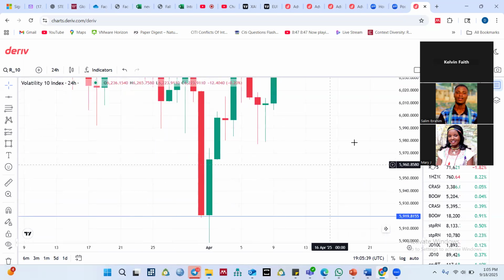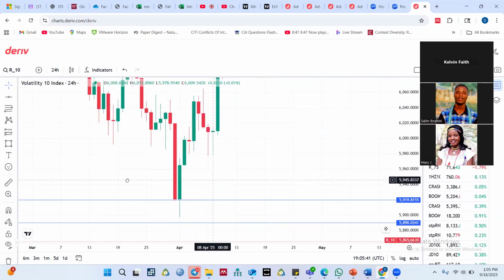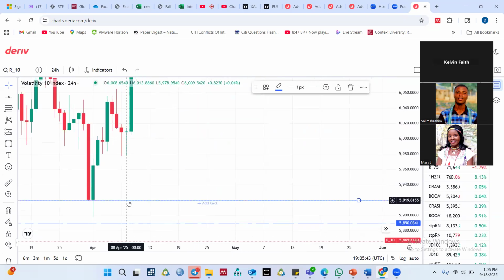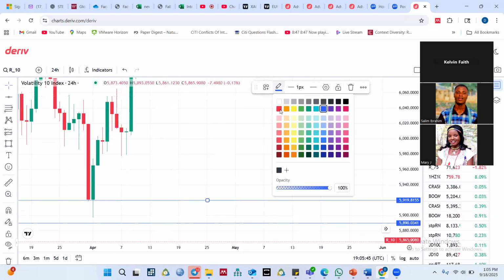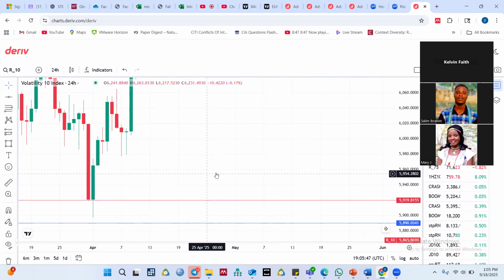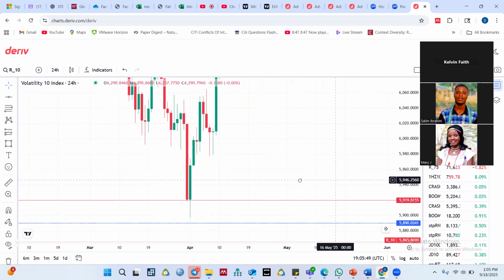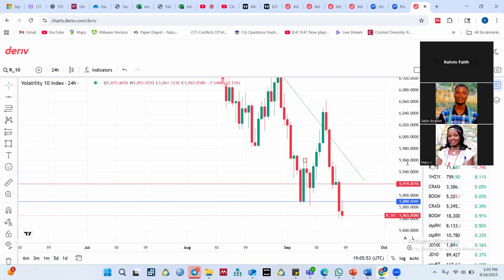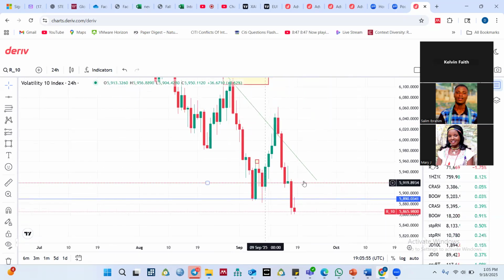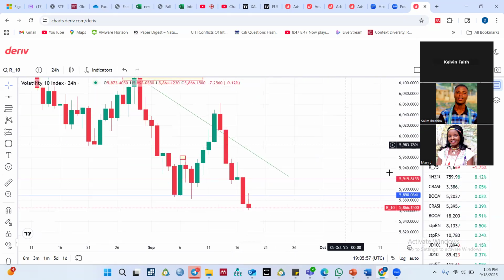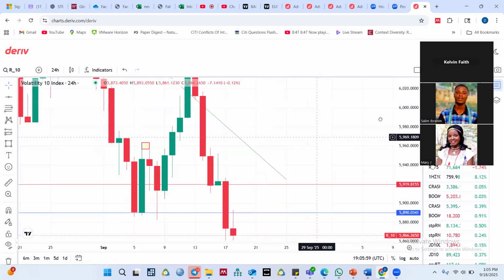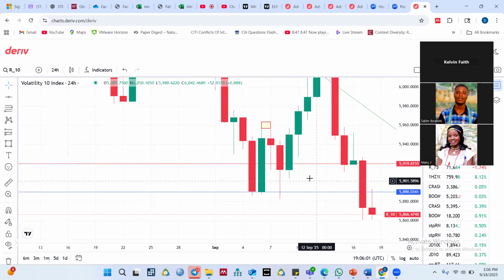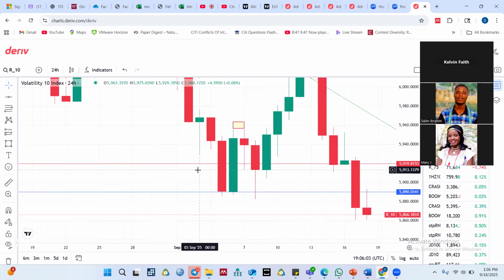So I want to track this. Let me make that one red, a red line. I want to track this red line to the right side to see how in the future price has reacted to that place. Good.